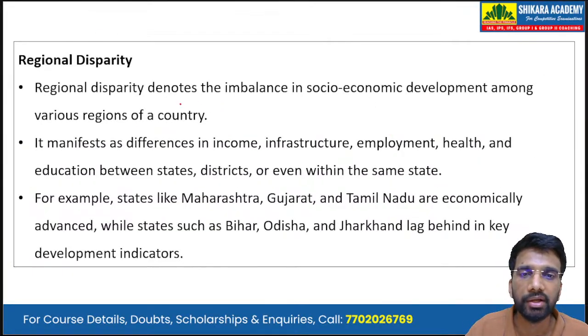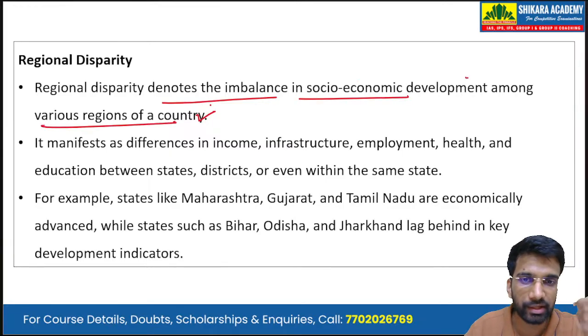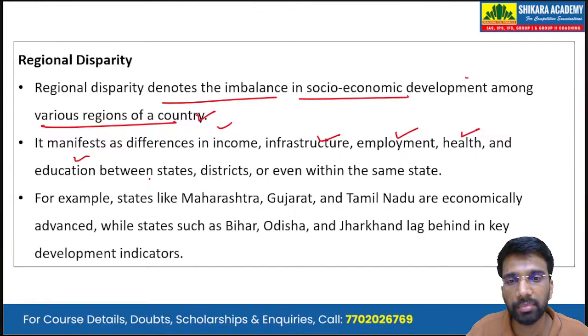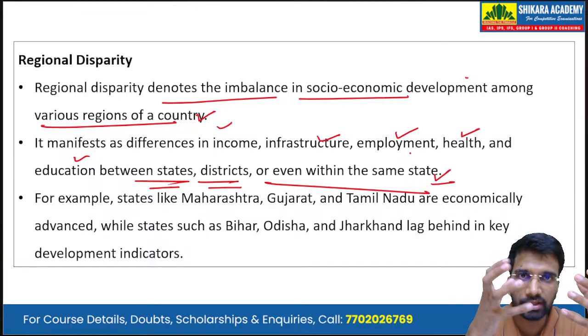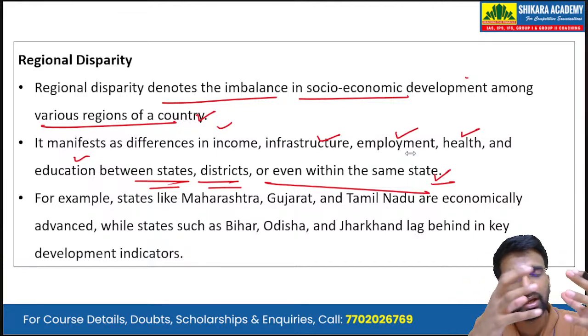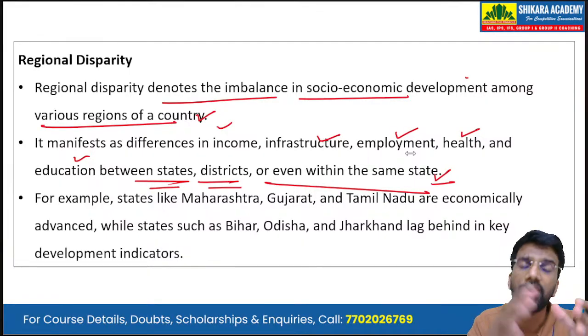Then, it denotes the imbalance in socio-economic development among various regions of a country. It manifests as differences in income, infrastructure, employment, health, and education between states, districts, or even within the same state. So two states in India are at a different level of economic development.